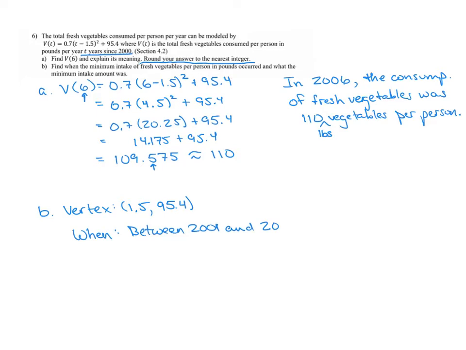The how much, the minimum intake, was 95.4 pounds per person.